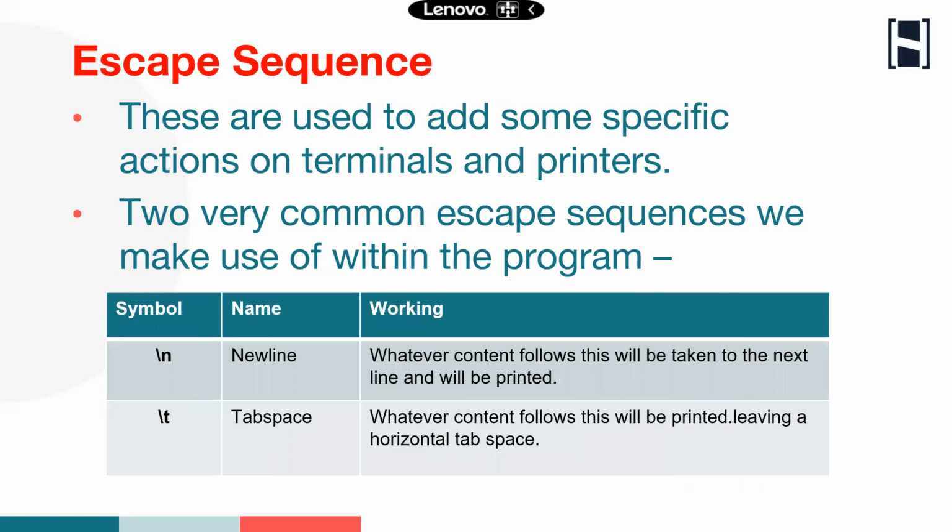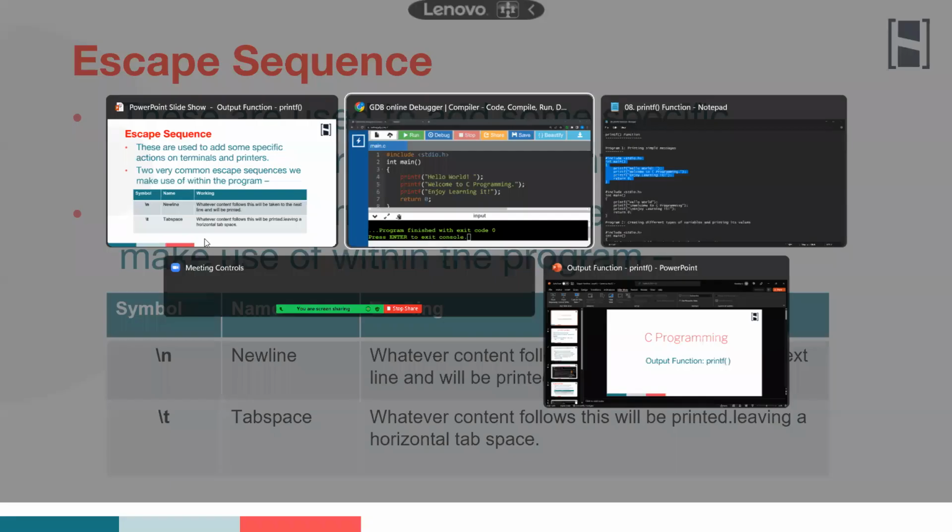Whenever I use a \t, it gives a tab space. One tab space is generally 4 spaces. Based on the setting in your system, the spaces will be adjusted accordingly. Now, coming back to our program.